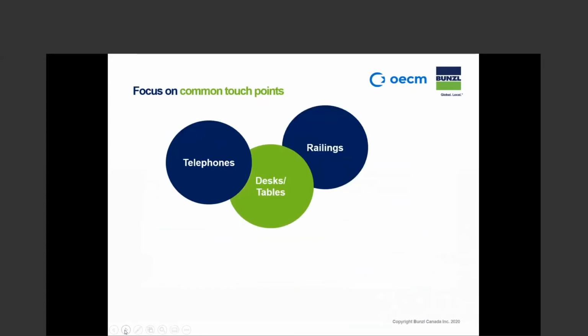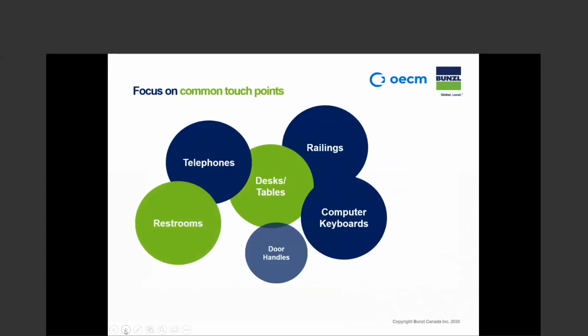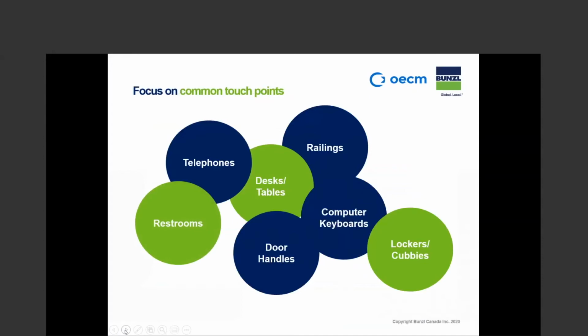So let's look at some of the common touch points that we would see in our educational spaces. Obviously, a lot of these are very straightforward. Telephones, restrooms, where we have a tendency to touch things, although a lot of the restrooms are moving towards automated fixtures that reduce the need to touch them, which is a great thing.